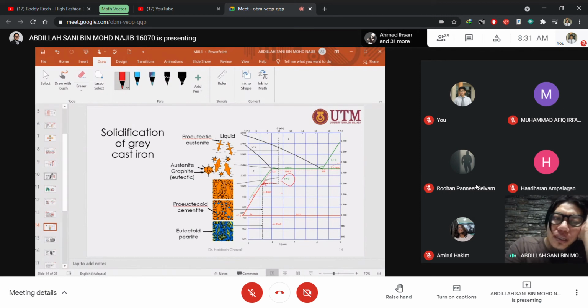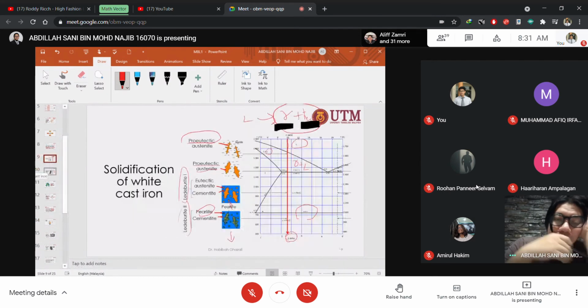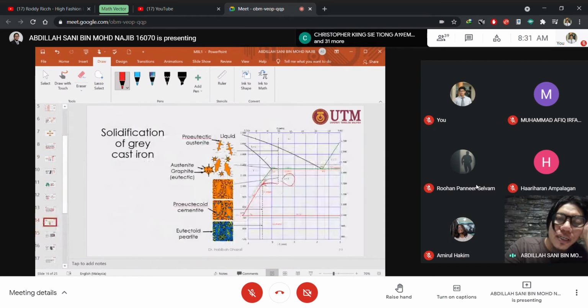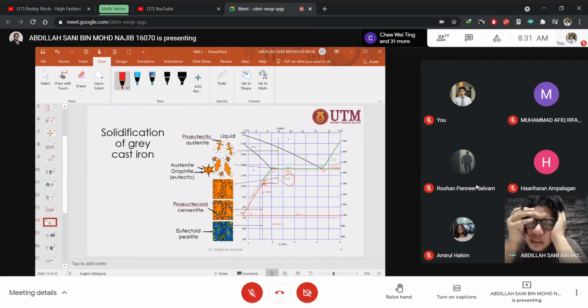Like just now the white cast iron, we have a lot of cementite. But for the gray cast iron, we have already, how to say, oozed out or squeezed out the amount of carbon in the form of graphite.